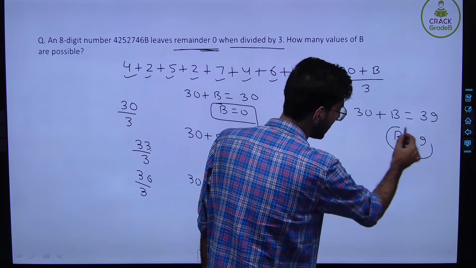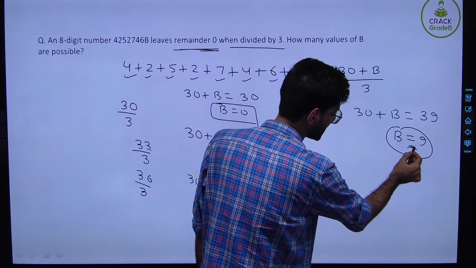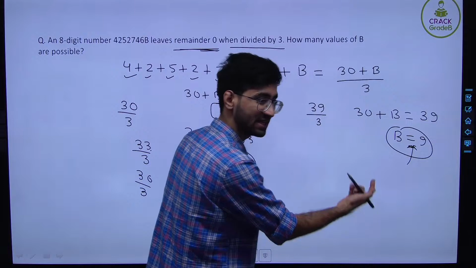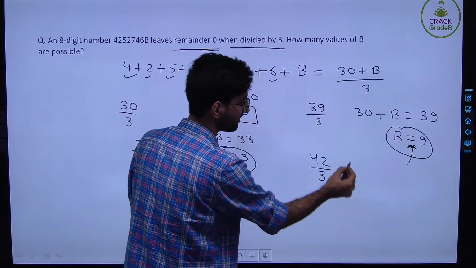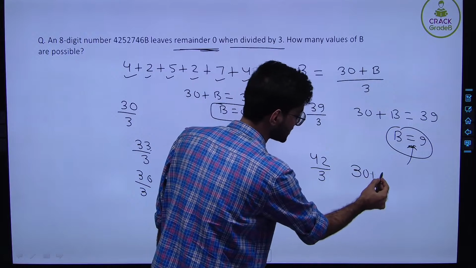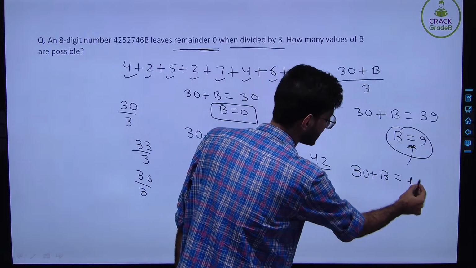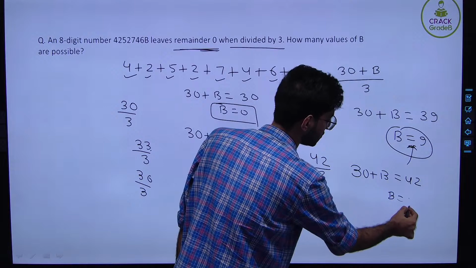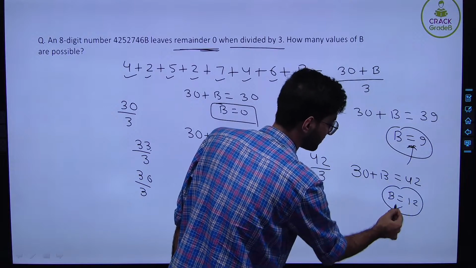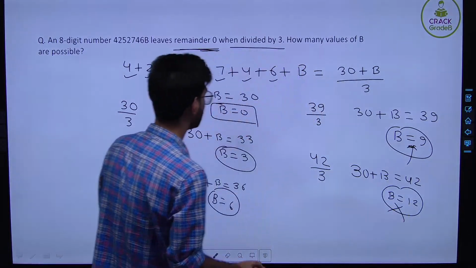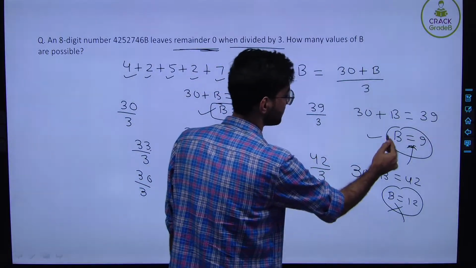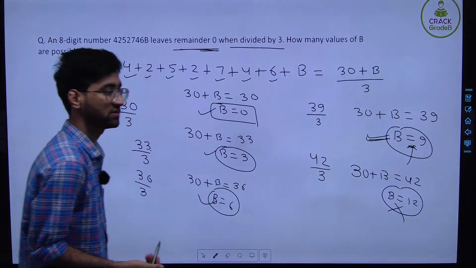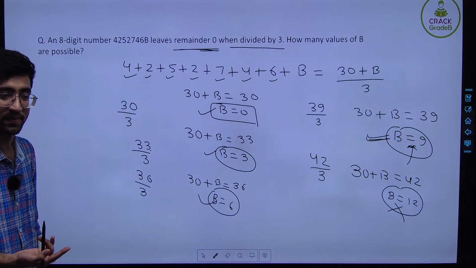We have already reached the maximum possible value of b, that is 9. 42 is also divisible by 3, but 30 plus b equal to 42 gives b as 12, and you can't take 12. So 1, 2, 3 and 4. How many values? 4 values, right?